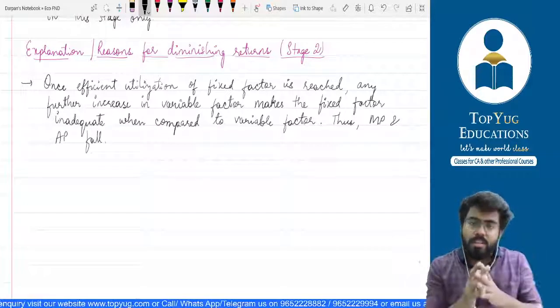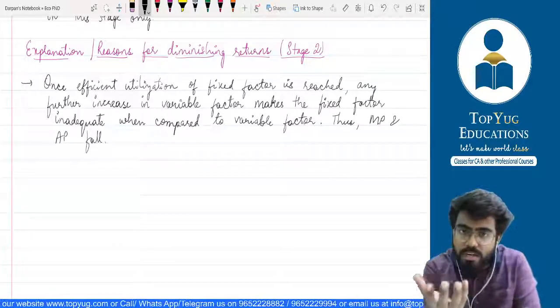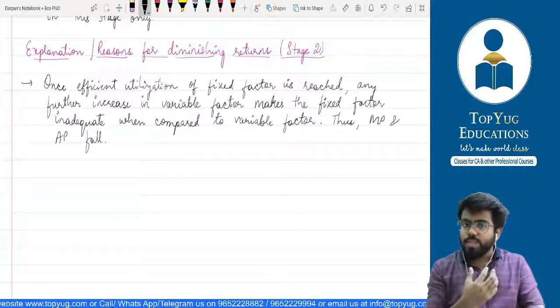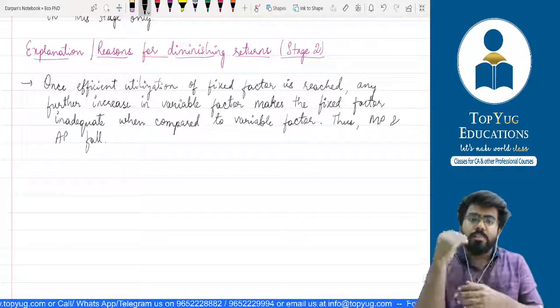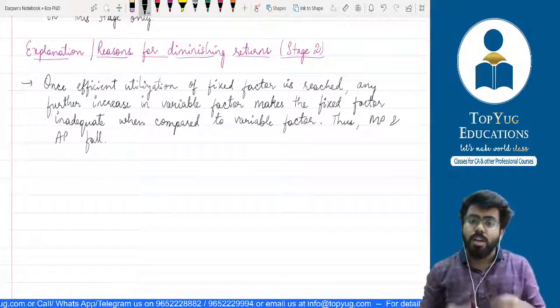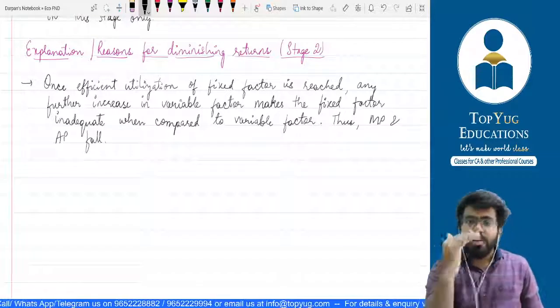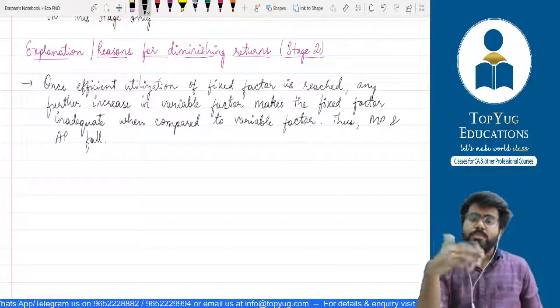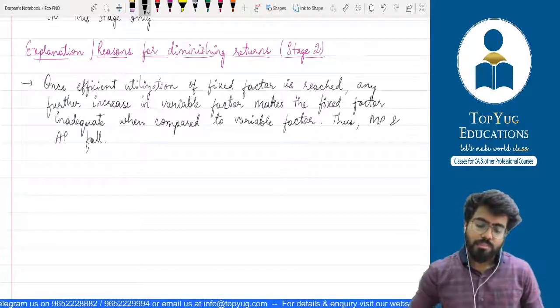It cannot take in this 9th person, but still you will be employing him. So the marginal product which this 9th person will give you will not be much. It will obviously start falling. The more you employ, the more it will fall. Correct? So your marginal product is falling. If marginal product is falling, obviously our average product will also fall. Okay?